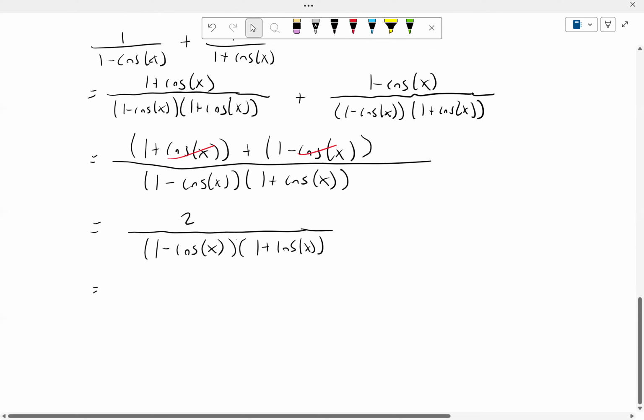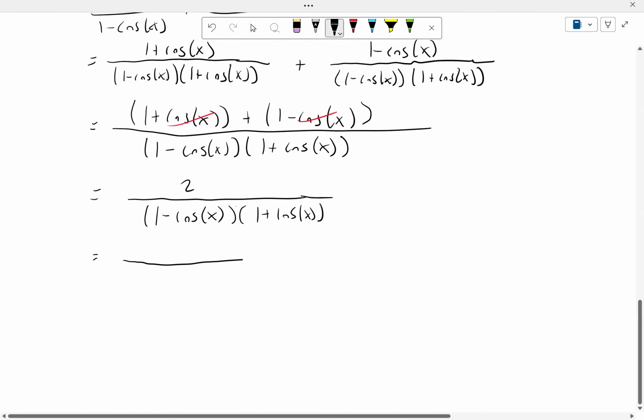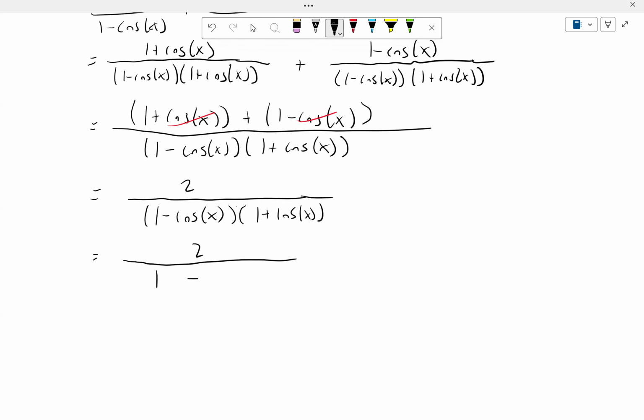But as you can clearly see, I have my numerator completely factored, my denominator completely factored, and nothing is canceling off. So in that case, maybe we should try and FOIL out the denominator and see what happens. So we FOIL it out, we get 1 times 1 is 1, plus a cosine of x minus cosine of x cancels off. So then we get minus cosine squared of x. So 2 over 1 minus cosine squared of x.